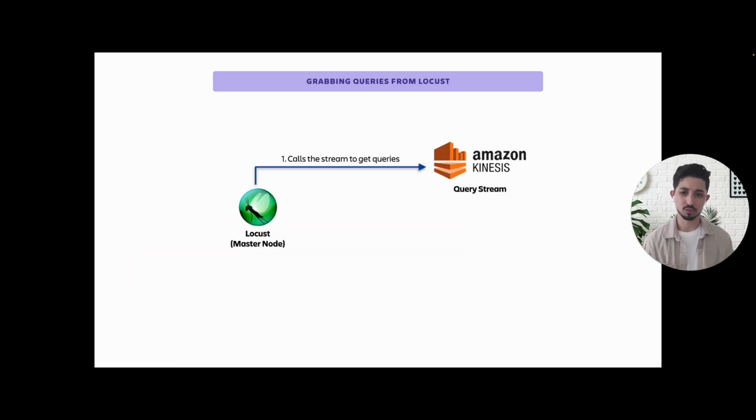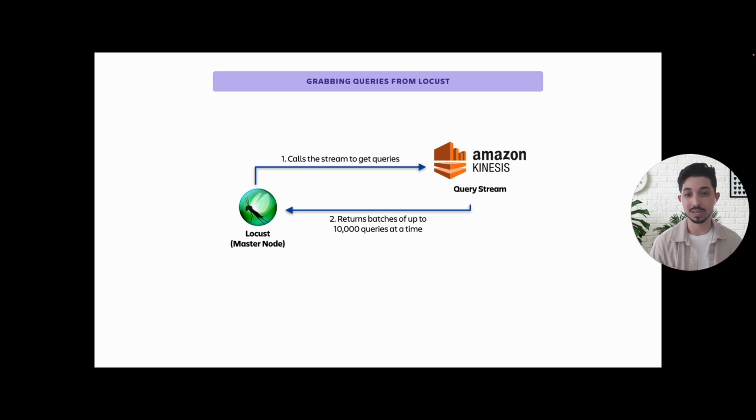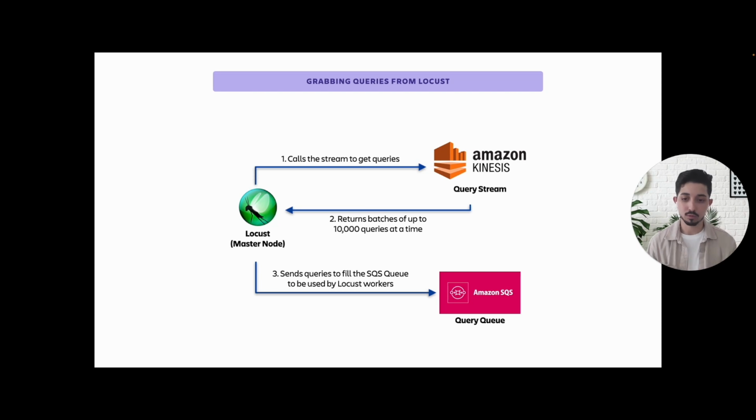Now, grabbing the queries from Locust. On test initialization, it'll call the stream to get the queries it needs. Kinesis will then return in batches of up to 10,000 queries at a time, and it will then fill those queries into a query queue that's shared amongst all the workers. The problem here with Kinesis is, unfortunately, we can't have so many consumers.